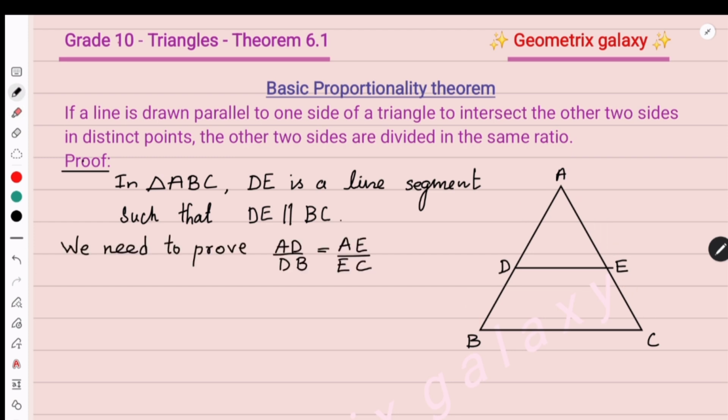Let us do some constructions to prove this theorem. Now we should join DC and BE.